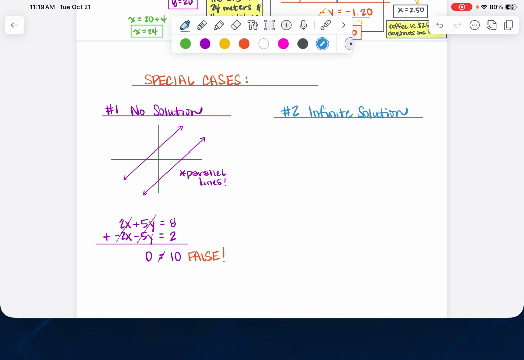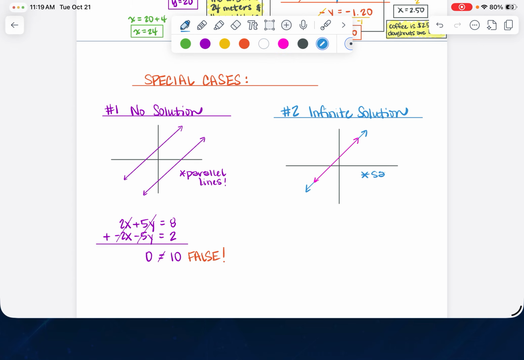Infinite solutions means if I use the graphing method, I graph one of my lines, but then when I go to graph the other line, it's on top of that one. So they're the same line, right?